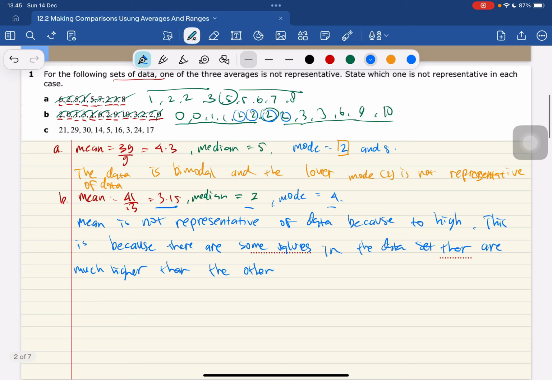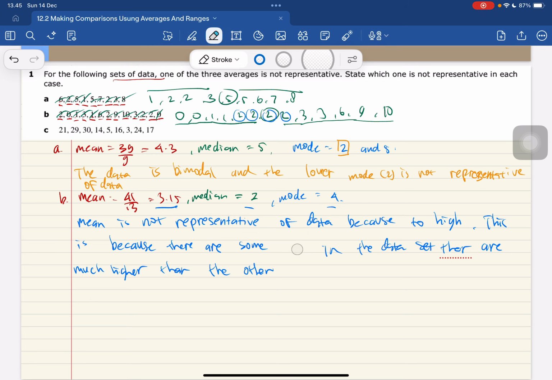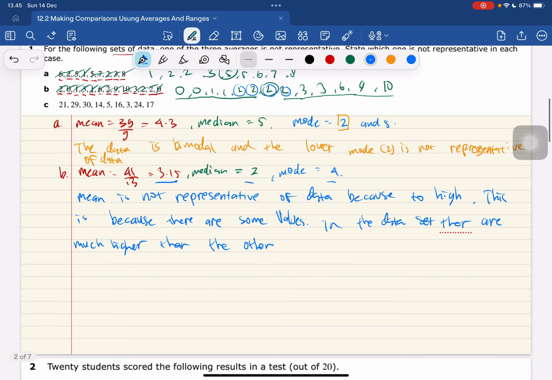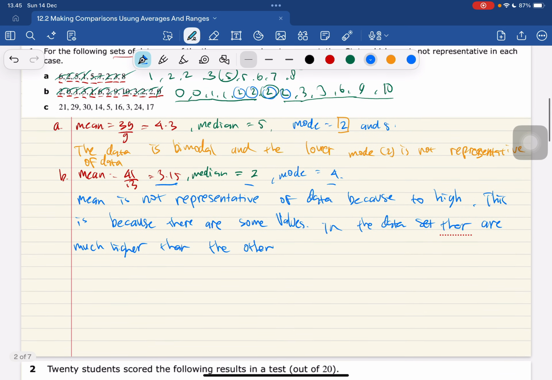So this will also give the big values, so the range will also be too big.